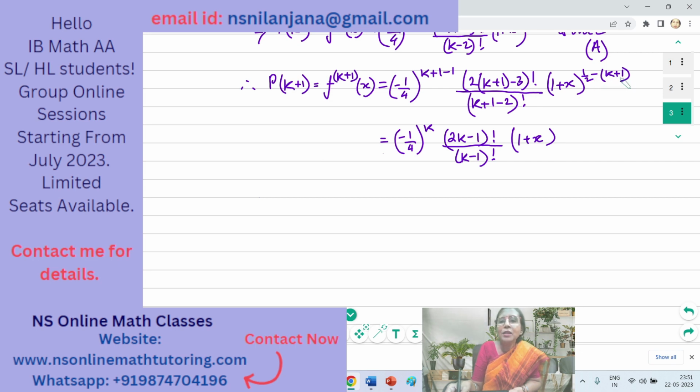So half minus 1 is minus half. Okay? So I can write this as minus k minus half. This is obtained from the given expression.